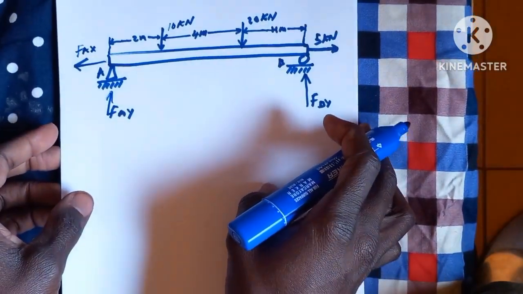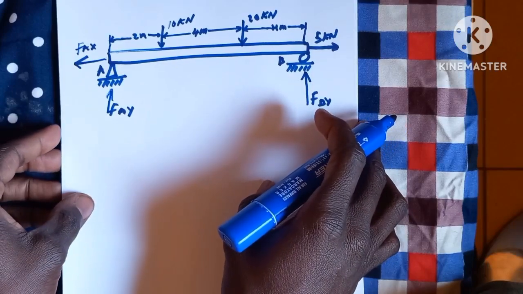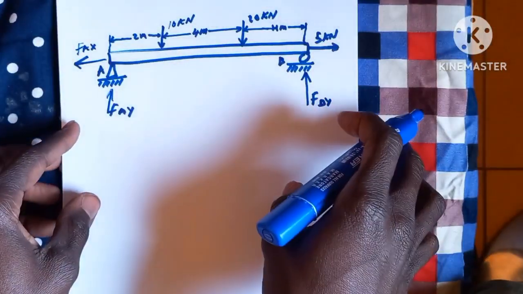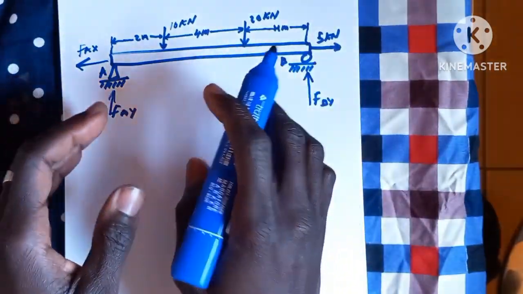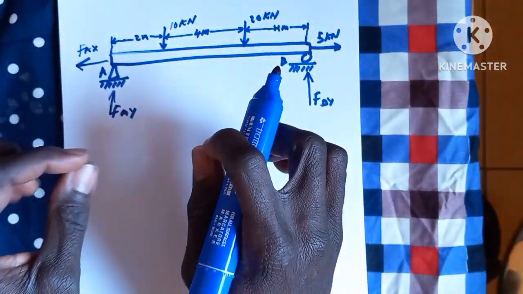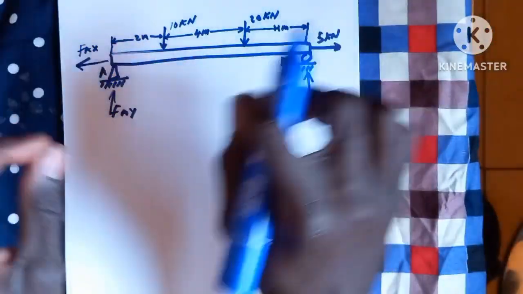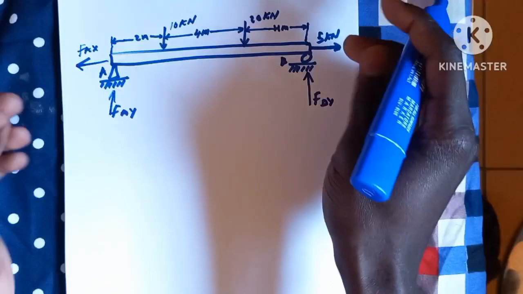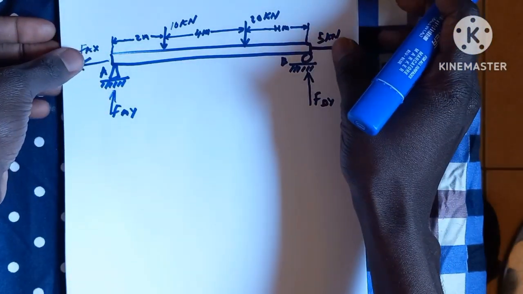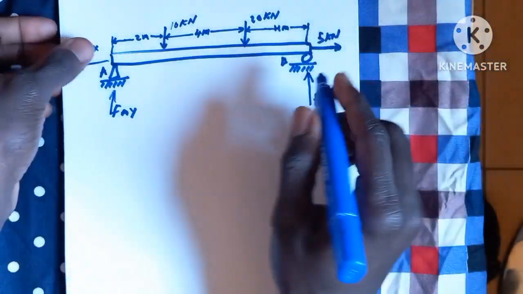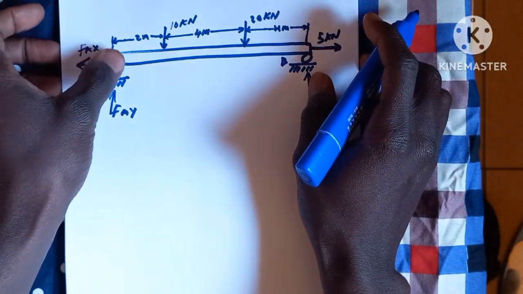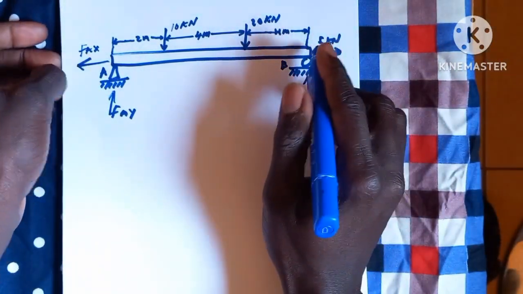The next thing to do is to sum the forces in both the Y and X directions. Forces going in opposite directions should cancel each other out. Considering the horizontal direction, we have a force going to the right and another going to the left, so this force is going to cancel this out.